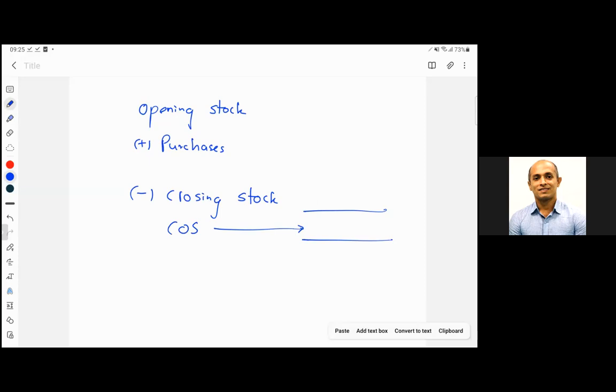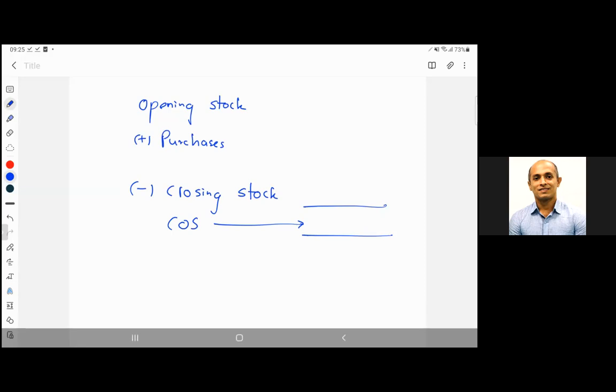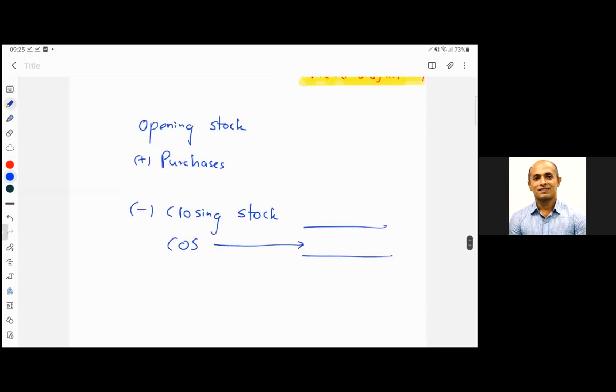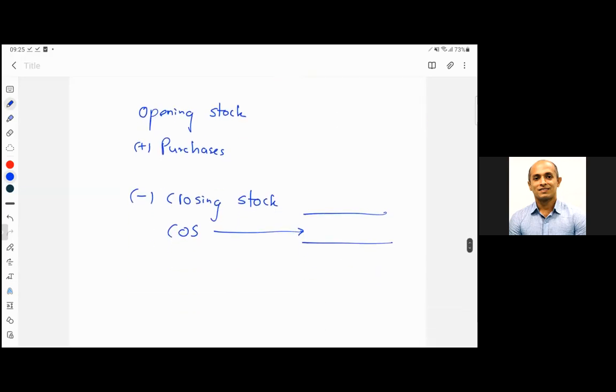So opening stock, how much? You see the question: inventory at beginning, 25,000. Because practically, when you see a financial statement, you don't see quantity information; you only have the rupee values. How much purchases during the year?